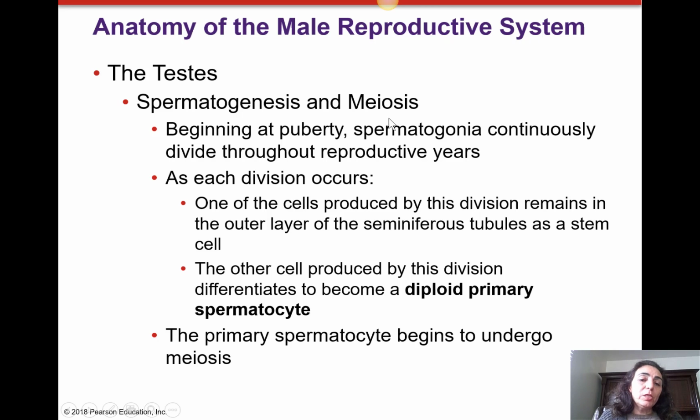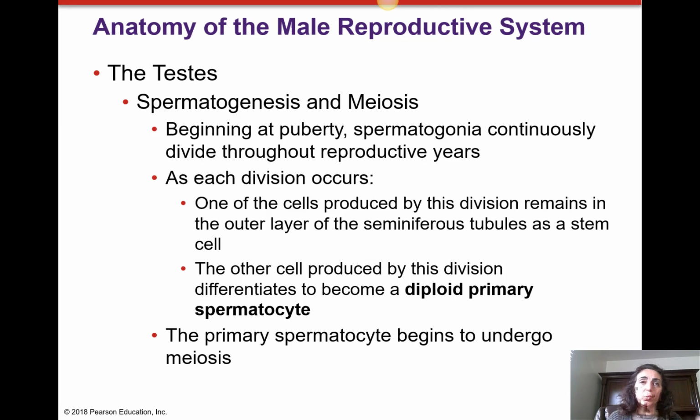Now, spermatogenesis and meiosis. Beginning at puberty, spermatogonia continuously divide throughout the reproductive years. Just remember that this is happening in the male. In the male, we do not have a period where sometimes you have spermatogenesis and sometimes you do not.